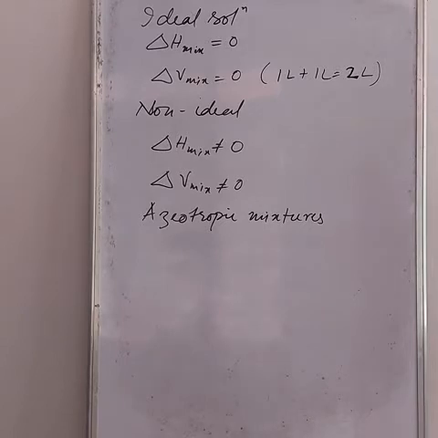So the azeotropic mixtures are usually separated by fractional distillation, where we monitor the changes in the boiling points to a better accuracy.